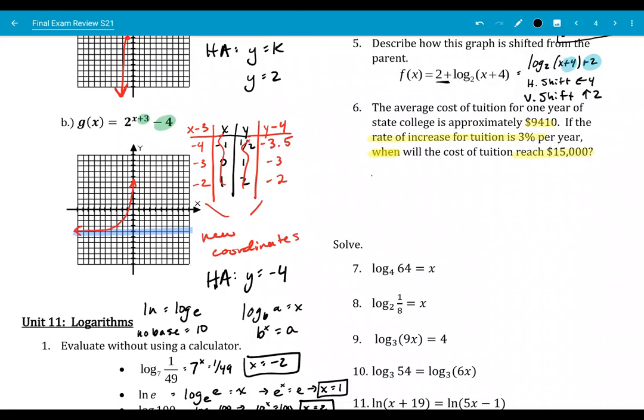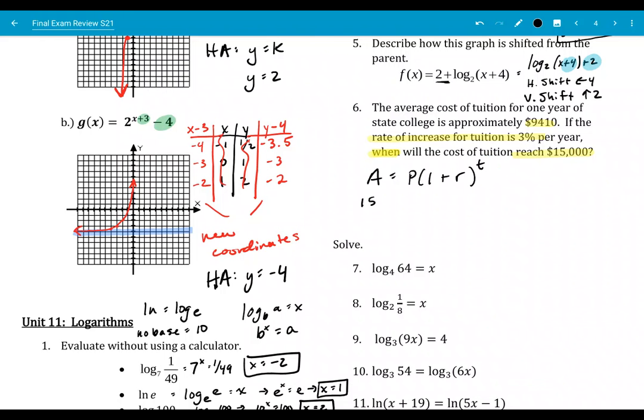So keep in mind the equation that I'm going to use is A is equal to P times 1 plus r to the power of t. I'm adding my rate because it's increasing. If it was decreasing, I would subtract.